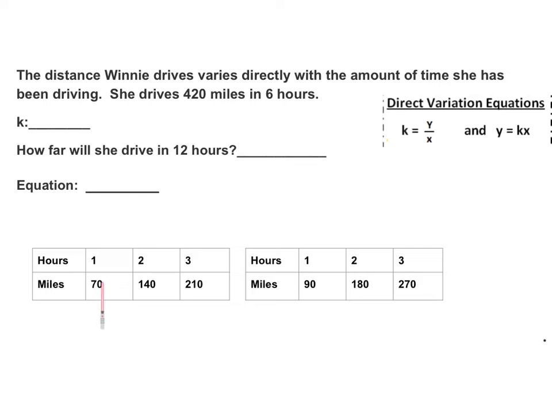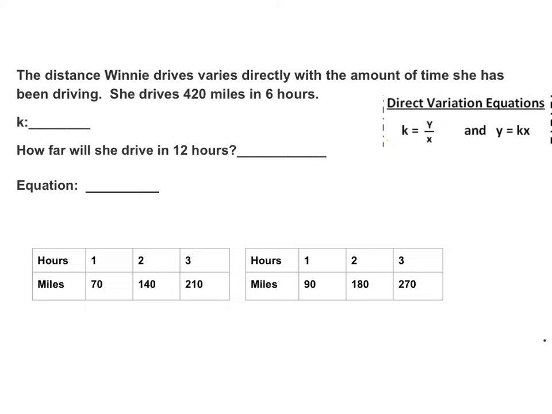Either we're going to have to find the K in a table, or we're going to look for this key phrase in a word problem. So let's go hunt for a K. That's the whole thing with direct variation. We are looking for the K.